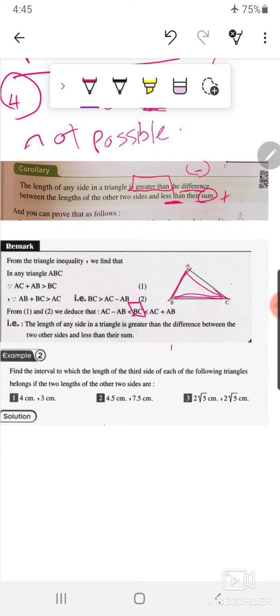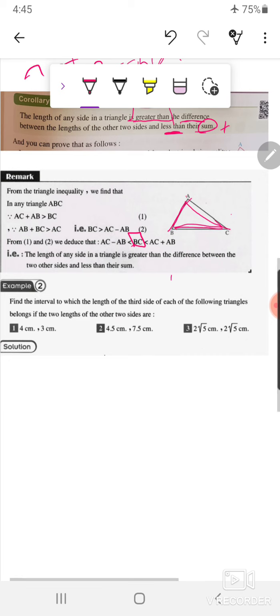You didn't understand? Now let's make an example to understand. Here find the interval in which the length of the third side belongs, given the lengths of two sides. First of all, you have 4 and 3 in this triangle. The corollary said I must make the sum and the difference.